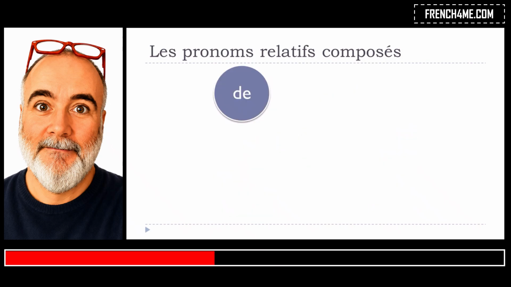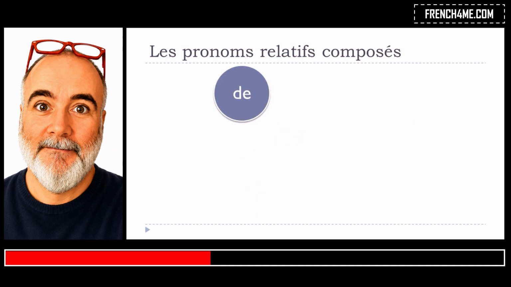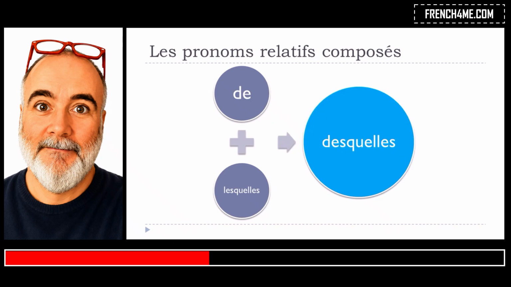But then of course for the plural, it will become desquelles, and same thing for the feminine plural form, it will become desquelles, so exactly the same situation. Phonetically it's the same as the masculine plural, but you write it differently because here you get this double les.